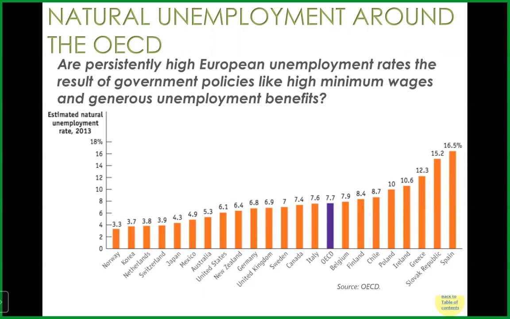If we look at the natural rate of unemployment across different countries, you're going to see a wide range of difference, and you may be wondering why it's so different. Like say in the United States here, and on the far right you have Greece, you have Spain.